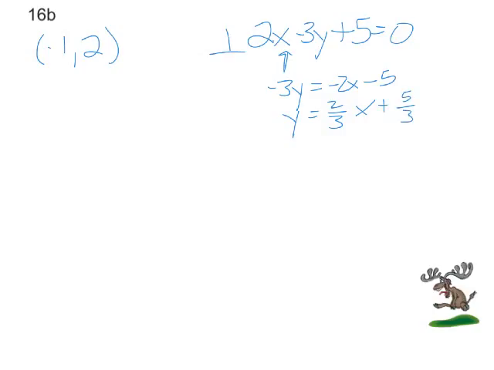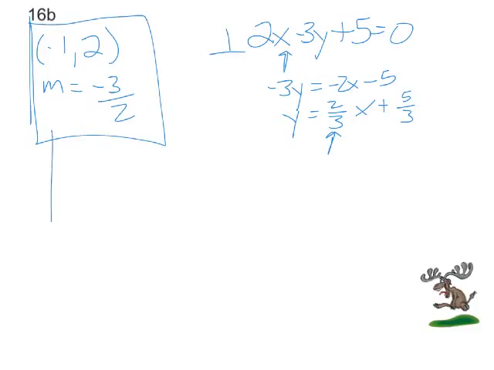Now that we know the slope of this line is 2/3, the perpendicular slope is going to be the opposite reciprocal. So now we want an equation that has those two pieces. Using point-slope form, y minus y1 equals m times x minus x1.